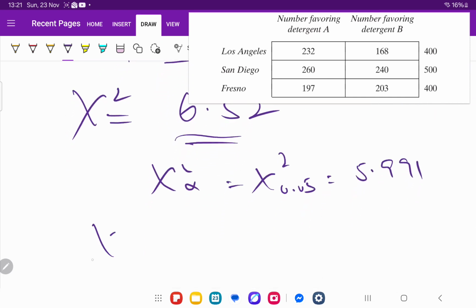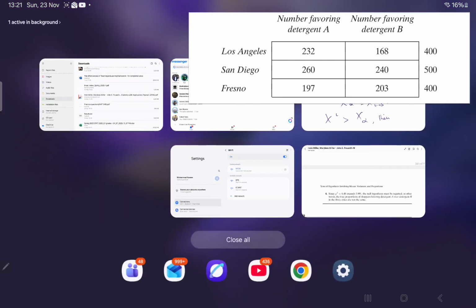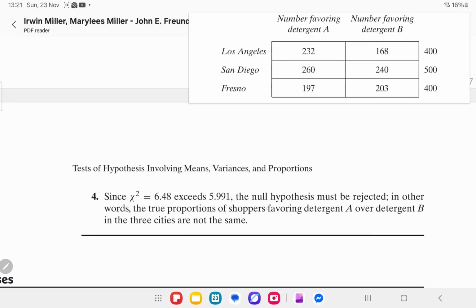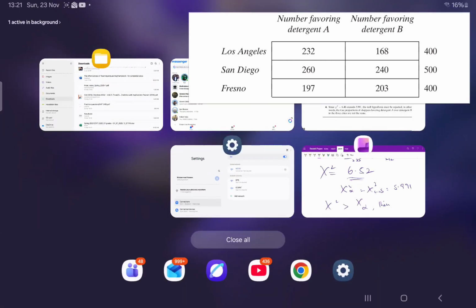So since chi-square is greater than chi-square alpha, the null hypothesis must be rejected. In other words, the true proportions of shoppers favoring detergent A over detergent B in the 3 cities are not the same.